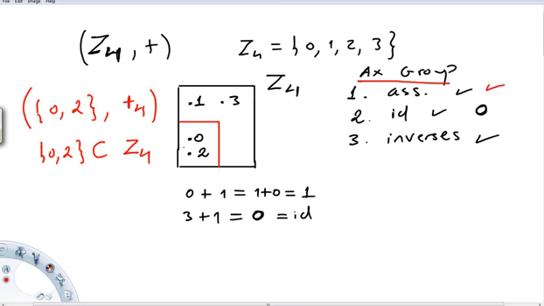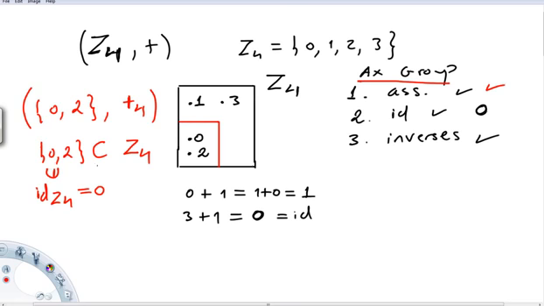Okay, do I have an identity? Well, I do, because the identity of Z4 is here in this set. The identity of Z4 is 0 and 0 is here.